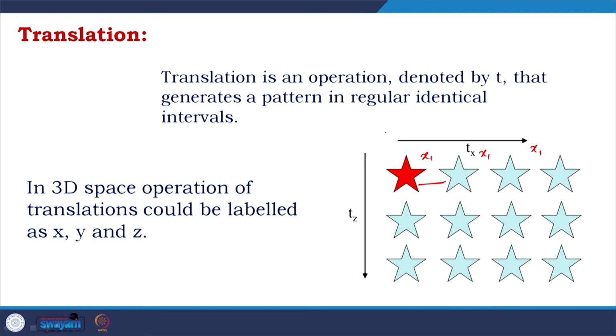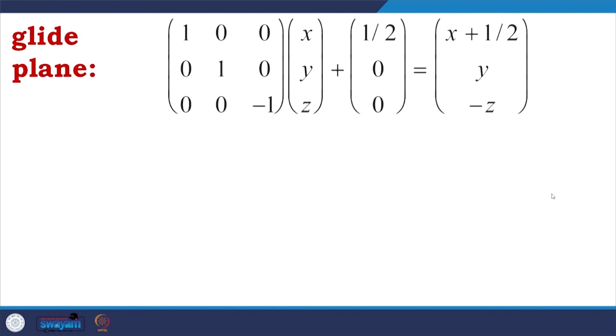So, you go a translation of x and you generate one motif, again one motif, again one motif. If you go to z, so this is 2D, but it could be 3D. In a 3D space operation, translation could be labeled as XYZ. So, you have 3 axes and their movement.